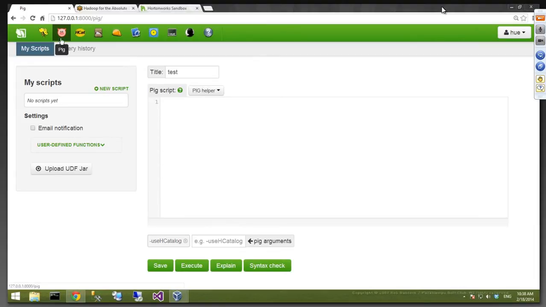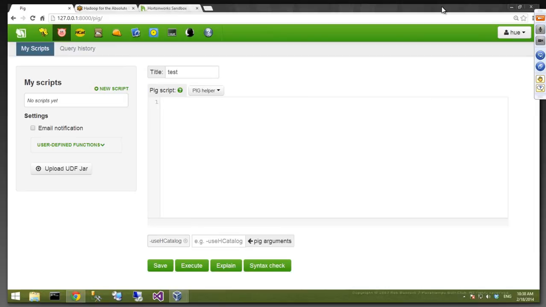Now you don't have to interact with Pig using Hue, this kind of web tool that I'm using. You can just script it out if you want. You can just go to the command prompt, connect to Hadoop, start issuing Pig commands, and it will work just fine. But I think that it's more accessible to use the GUI and write our Pig scripts right in here.